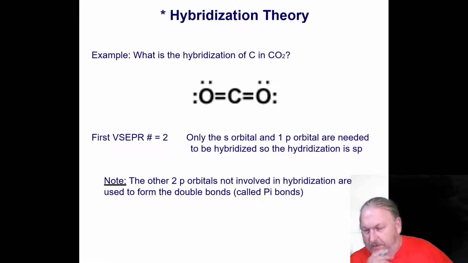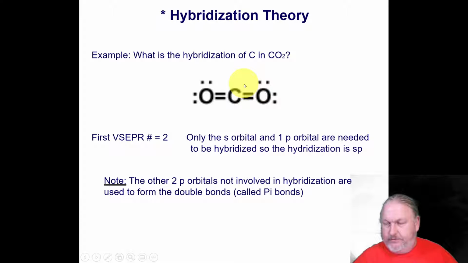Now, let's look at carbon dioxide. There's 2 electron domains, those 2 double bonds. So the first VSEPR number is going to be 2. So it doesn't need all 4 hybrid orbitals. What they're going to hybridize is just 1 s and 1 p orbital. So these would be what we call the sp hybrid orbitals.